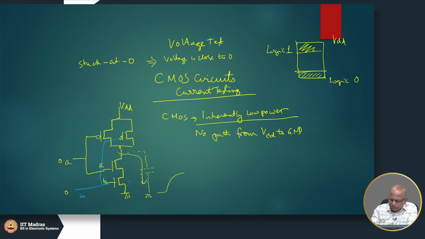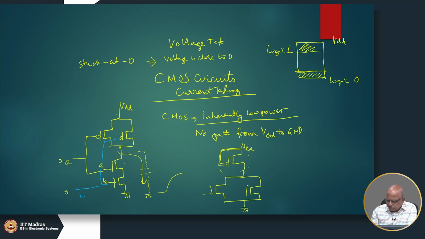Compare this to an NMOS gate. In an NMOS transistor, this is how it is built. So all are NMOS transistors. This is constantly conducting, because the gate is connected to VDD.